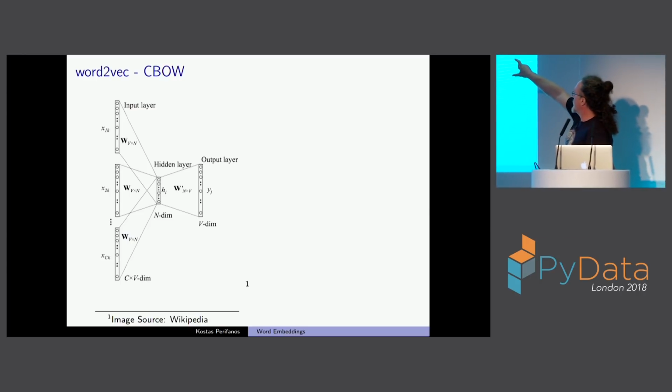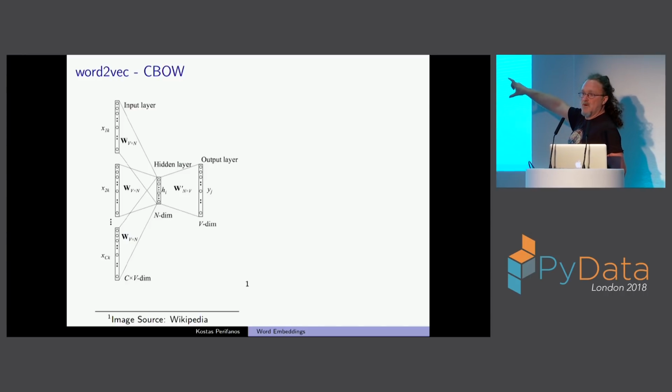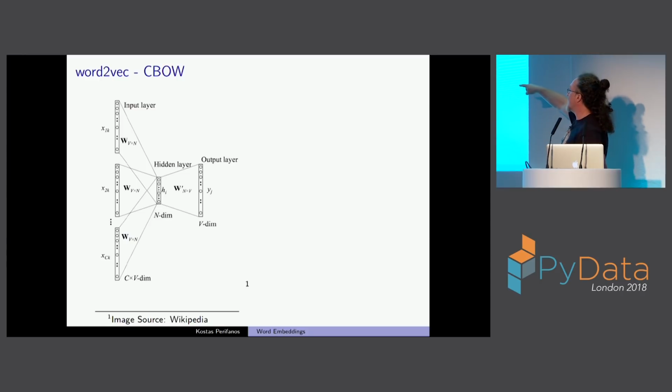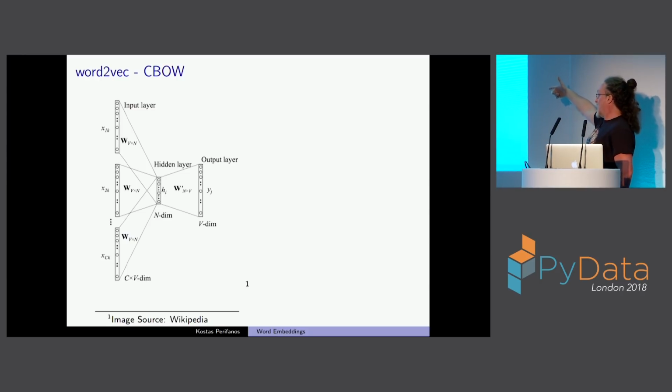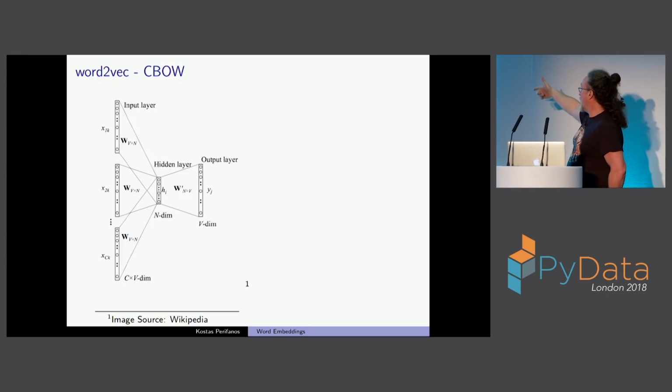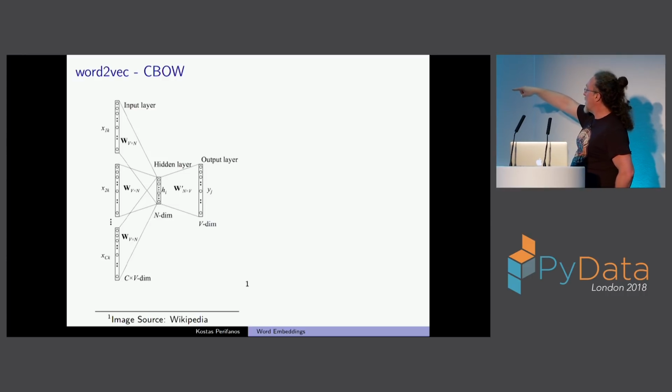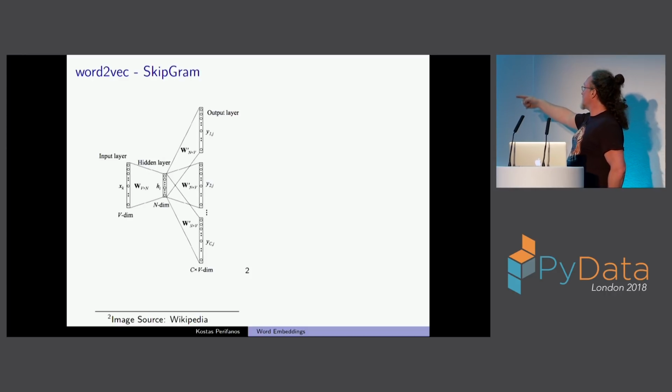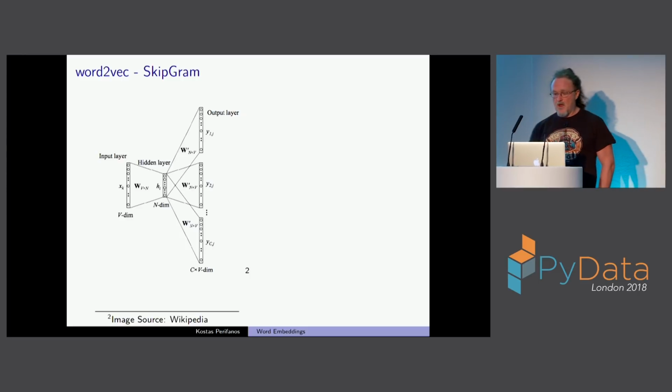On the left of the drawing is the one-hot encoding of each word that appears in the context, and we're trying to predict the word that follows, or the one in the middle, depending on your setup. In the middle, the W matrix is essentially the embeddings matrix. It has the dimensions of vocabulary by the embedding dimension we're after.